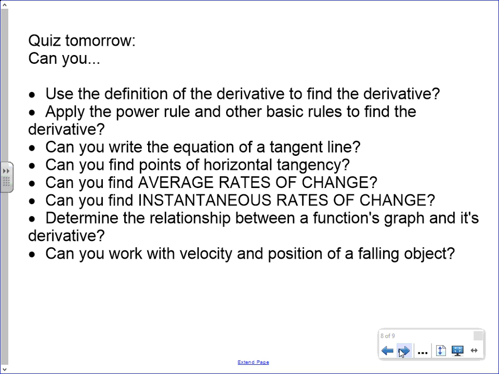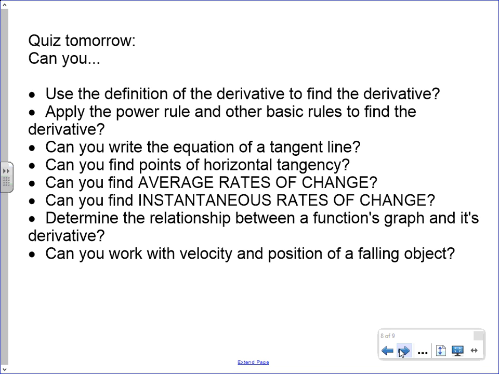Write the equation of a tangent line, like we did for our warm-up. Find points of horizontal tangency. Average rate of change versus instantaneous rate of change. That's where your homework's going to be important. Functions and their derivatives and how they relate graphically.